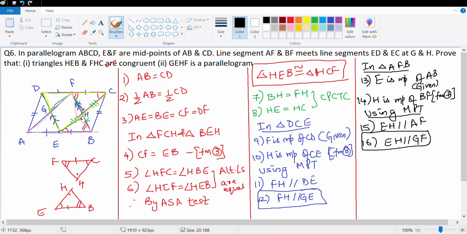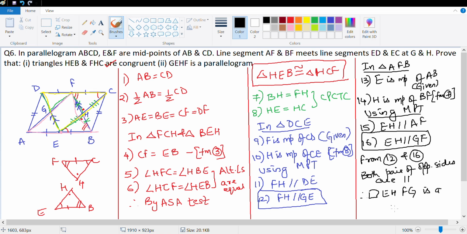So from 12 and 16, what I get is both pair of opposite sides are parallel, therefore quadrilateral EHFG is a parallelogram. Perfect. So that finishes this question for me.